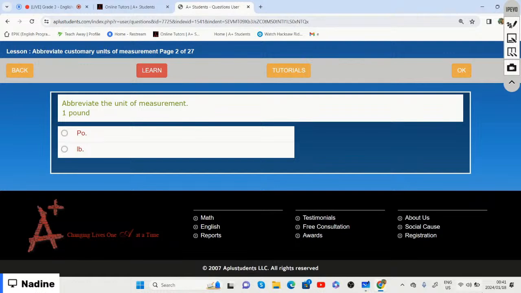All right. And if we abbreviate the units of measurements for pounds, is it PO for pounds or LB for pounds?